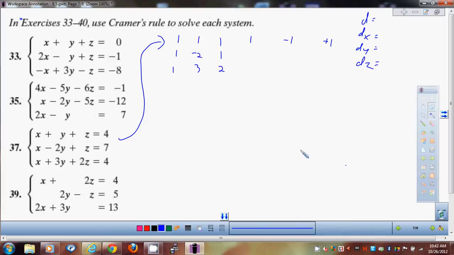Okay. So now I need my minors. What's the minor for the first one? Negative 2, 1, 3, 2. What's the minor for the second one? And the third one?